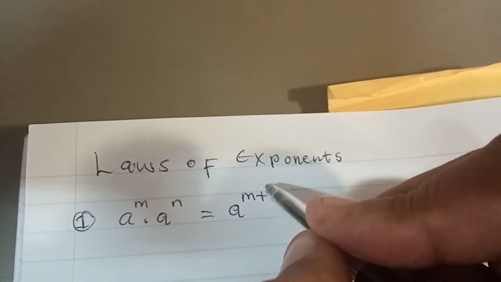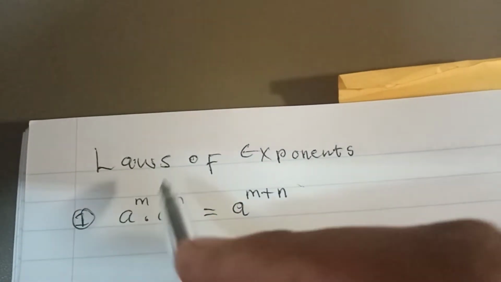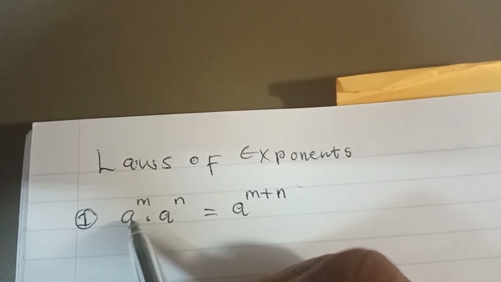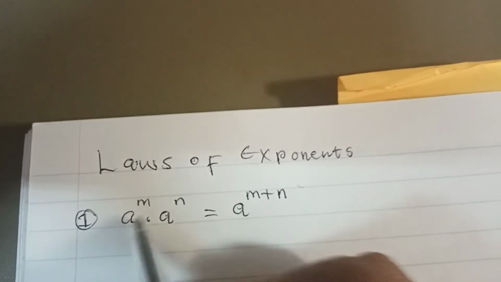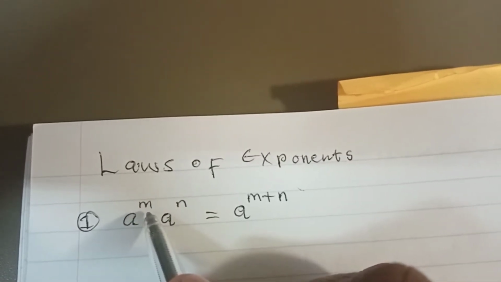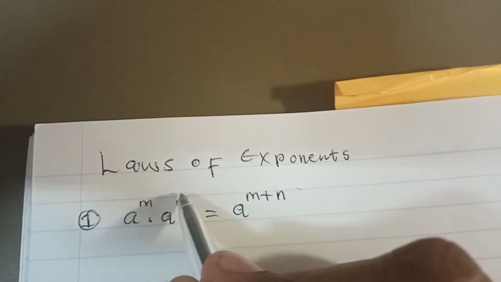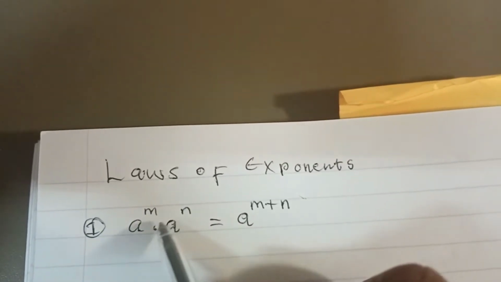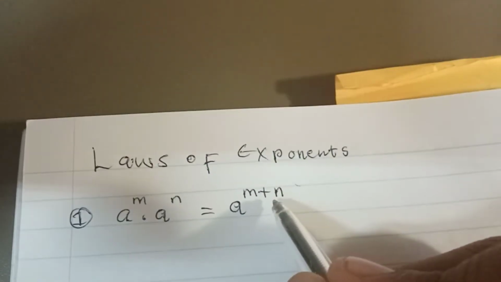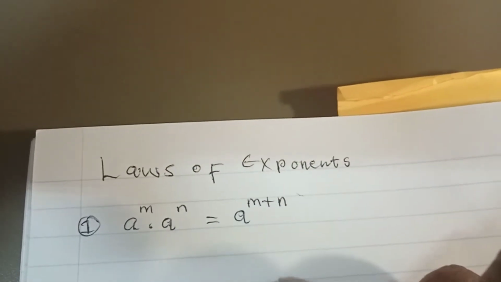What this basically means is that if we're multiplying exponents with the same base, we add their exponents.